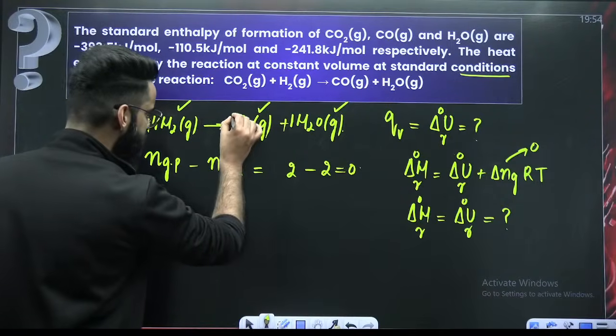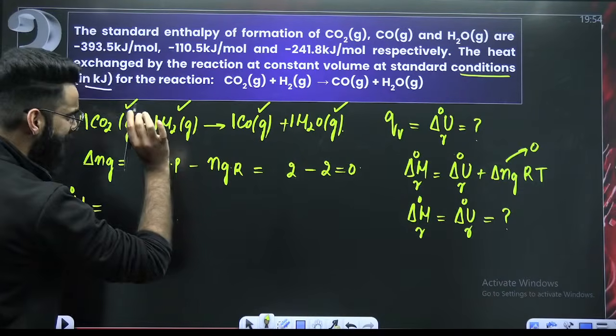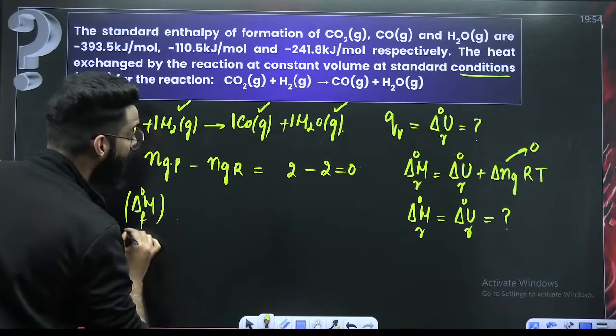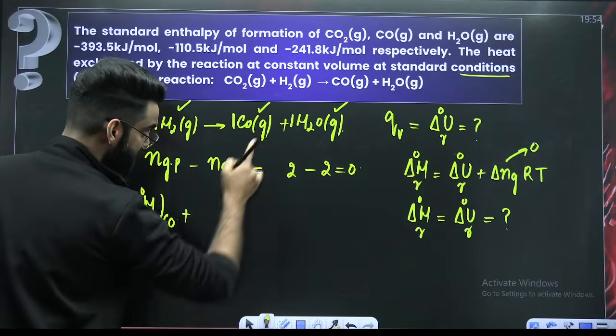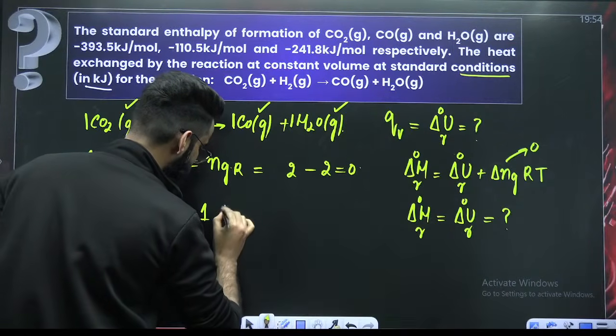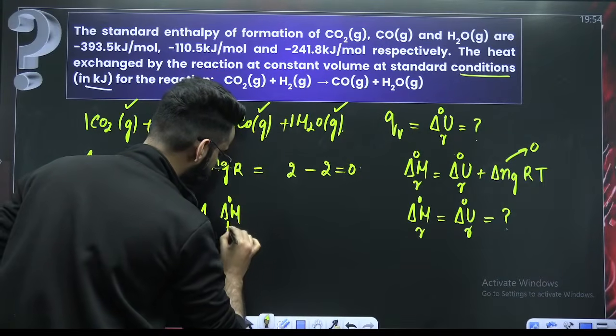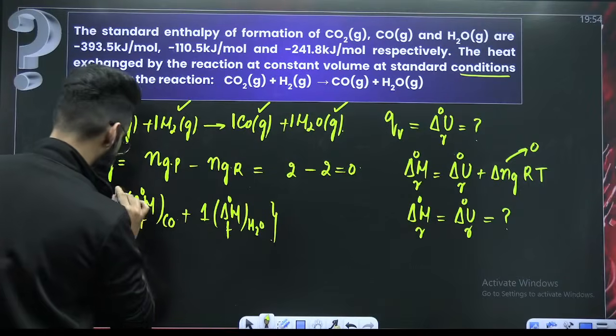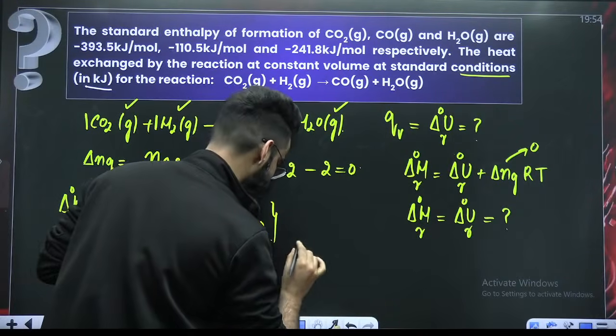So start with the products. Stoichiometric coefficient is 1, so leave it as such, multiplied by the standard enthalpy of formation of carbon monoxide, plus 1 multiplied by the standard enthalpy of formation of water. Perfect. So this is your product side, minus the reactant side.